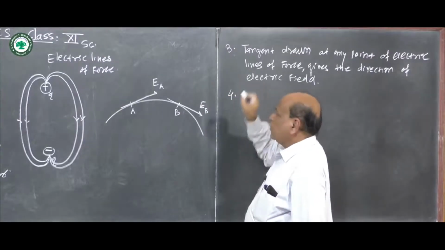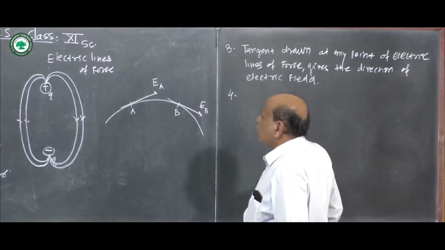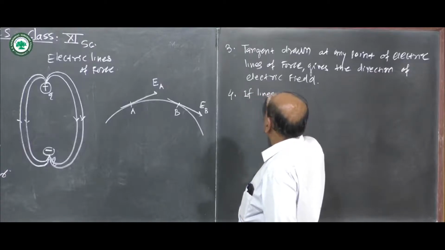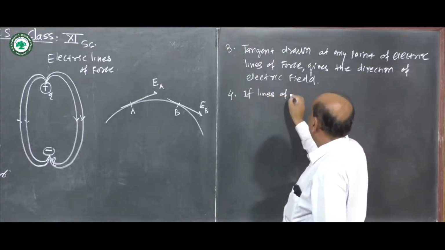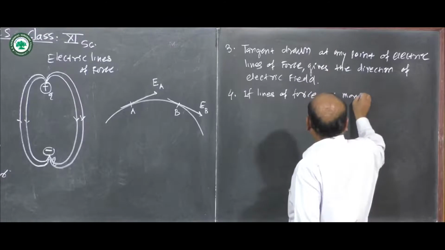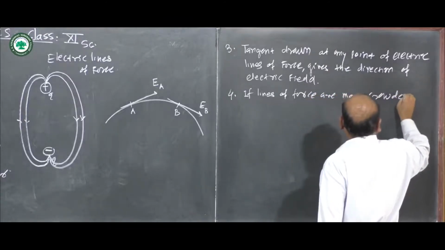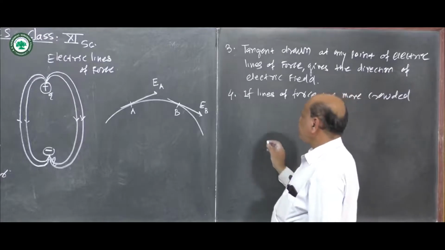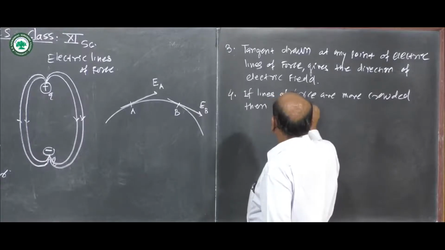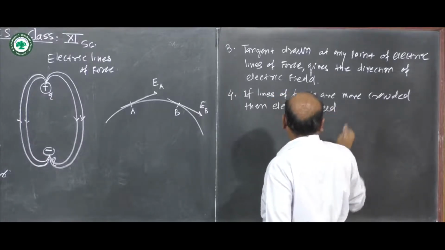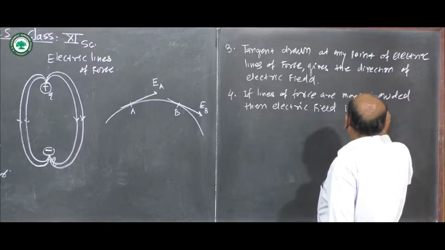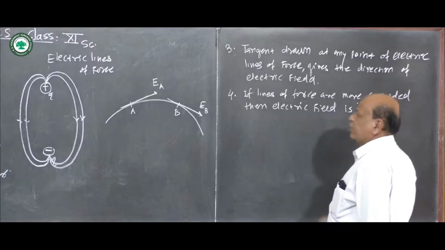Then the fourth characteristic: if the electric lines of force are more crowded, then the electric field is large or greater.